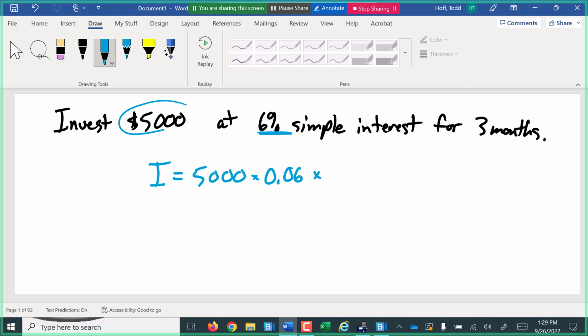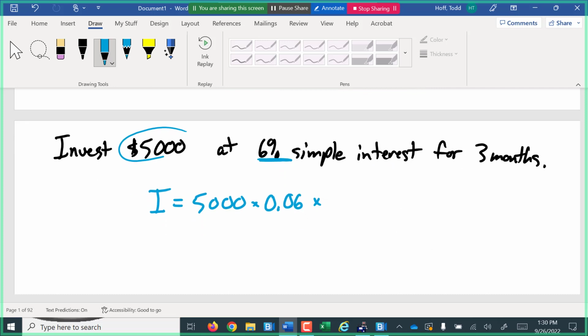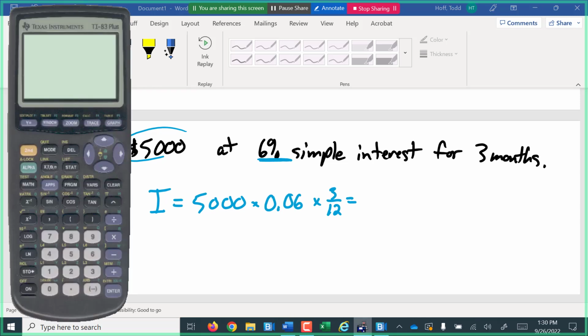Now, here's the tricky part here. The time is 3 months. Up above here, we said the time was always in years. So to turn 3 months into years, 3/12. Very good. So now in the calculator, we don't actually need to use the fraction function for the 3/12. We can just do 5,000 times 0.06, and then just times 3 divided by 12.